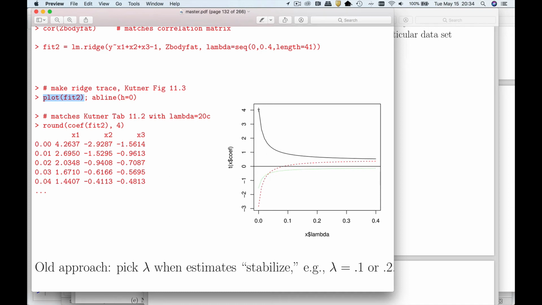So this black curve, this is really important to understand, so make sure you're following this. This is plotting lambda on the x-axis and beta 1 on the y-axis. So we start out at 4.26, we go to 2.69, and so forth.